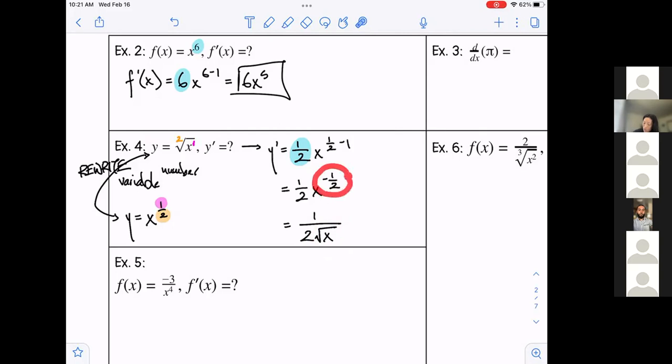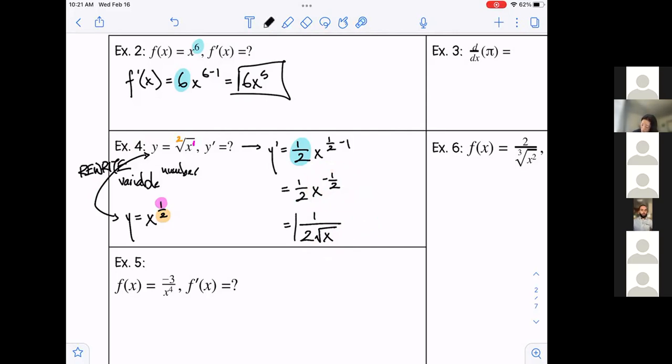This negative 1/2 power. So that's one of those exponent rules that we maybe learned a long time ago. Negative powers means that you can write that term on the other side of the fraction line. So the negative means that it's now on the denominator, and then the 1/2 means that it's your square root.